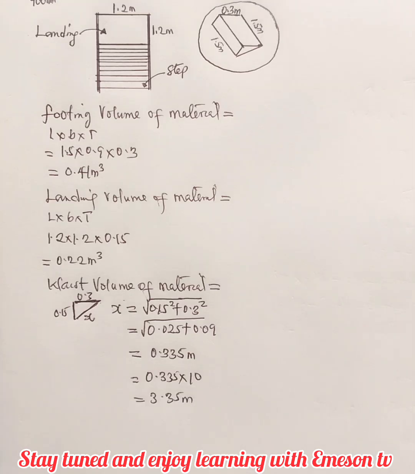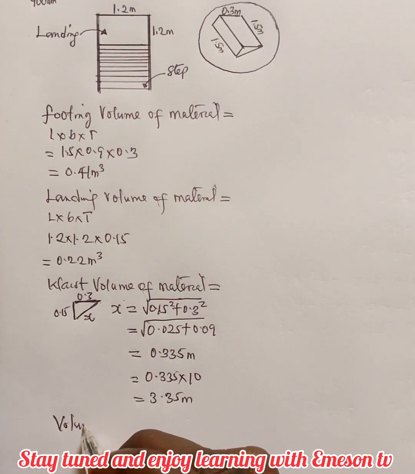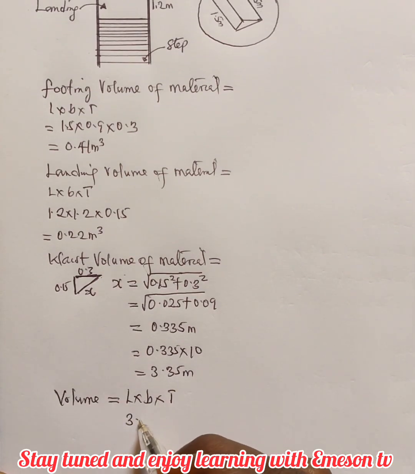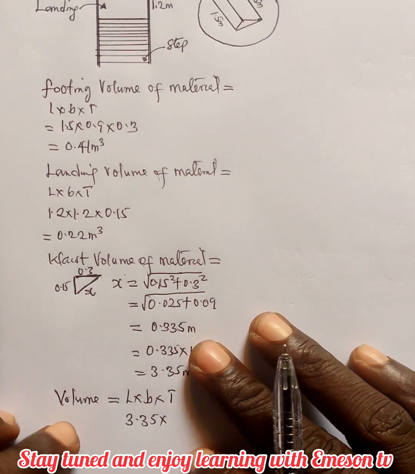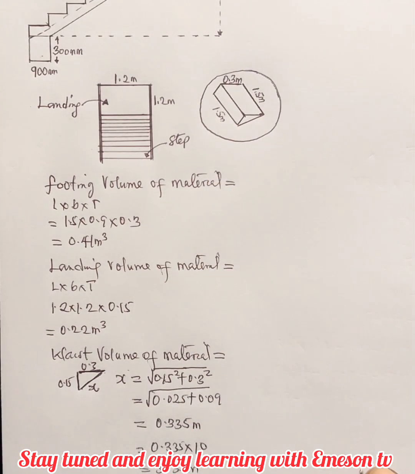So for us to get the volume of material for the waist, it has to be the length times the breadth times the thickness. So what is the length? The length is 3.35. The breadth, we use this to get the breadth. The breadth will be from here to here, which is 1.5.